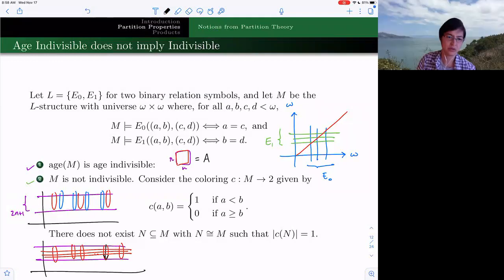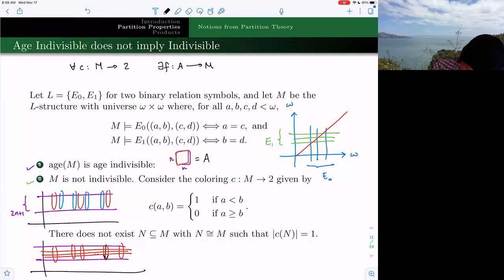So let's say for any coloring of the infinite structure with two colors, there is an embedding of A into M, and the image of A is just going to be one color.